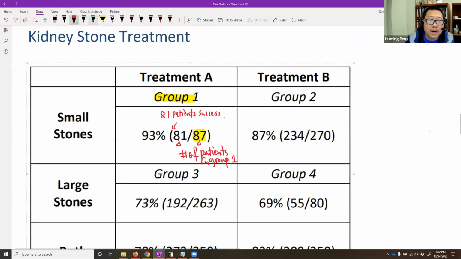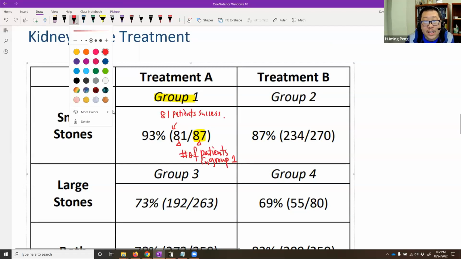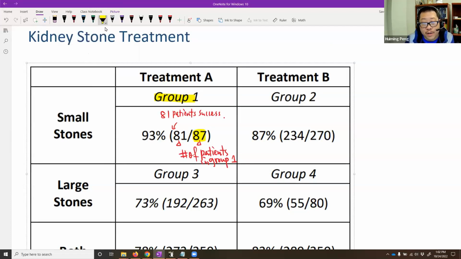Usually we look at this number. This is the success rate in this clinical trial for this group. Make sense? So this is how we read the data.